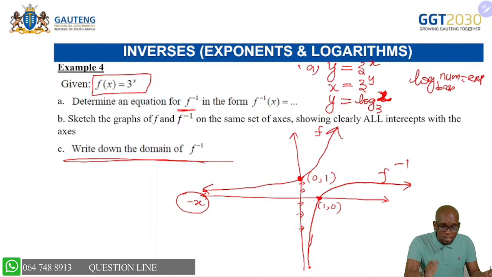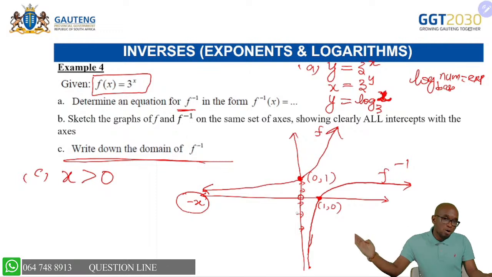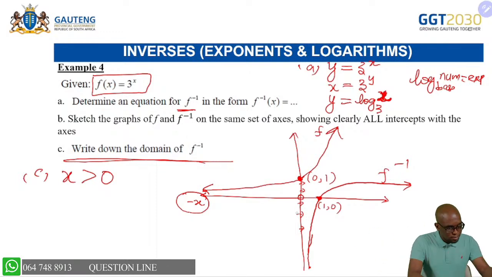The right hand side of the y-axis represents the values of x. Remember, domain is the values of x, so our answer here would be x should be greater than 0. That would be our domain. The graph is defined for all values of x that are on the right hand side.